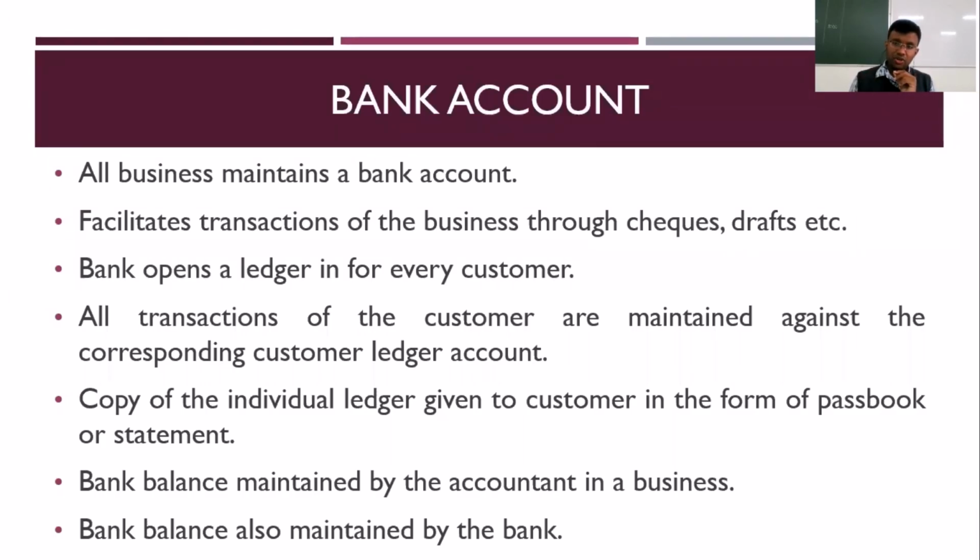Whenever you transact on your bank account using your ATM card, your net banking facility, or your mobile banking facility, they would be recording that as debits. Why? Because it is a personal ledger account which is maintained in your name from the bank's perspective. So the copy of this would be periodically shared with us, and that is what is called a passbook or a statement.